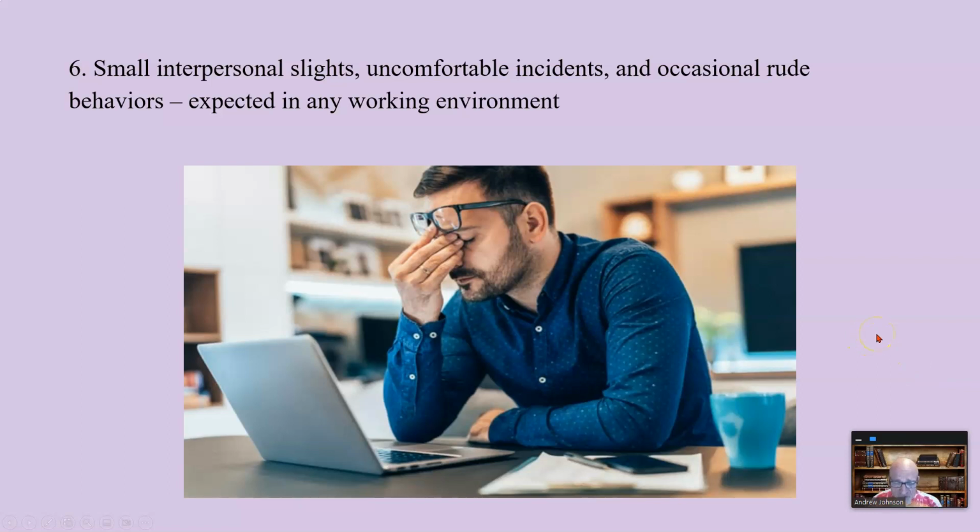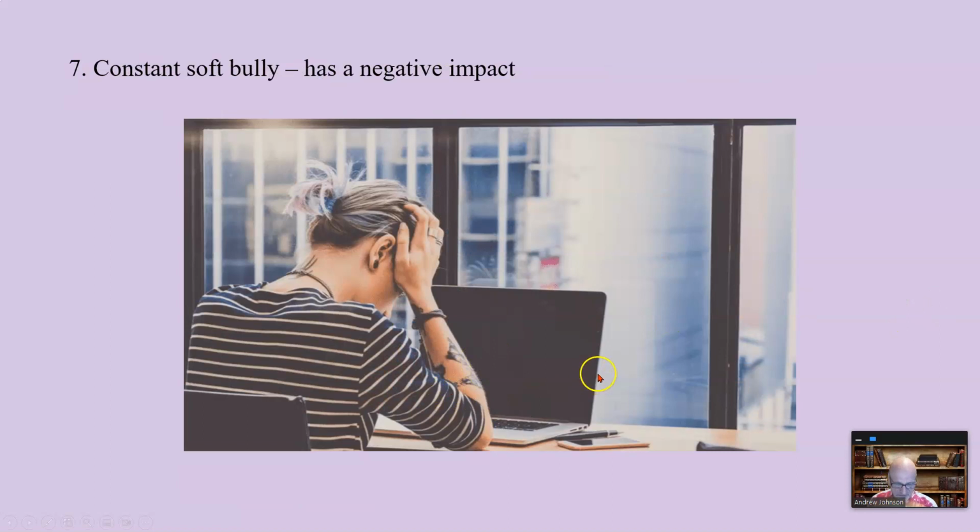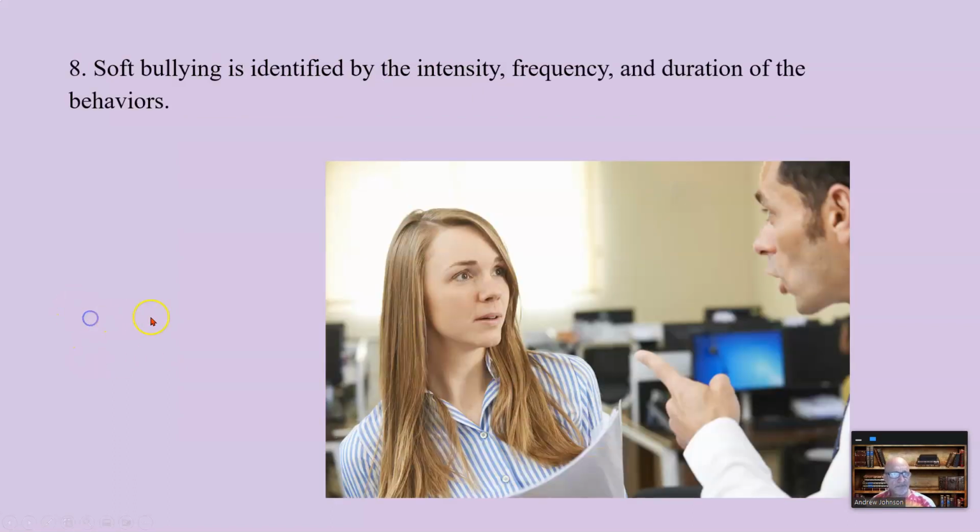However, small interpersonal slights, uncomfortable incidents, and occasional rude behaviors are expected parts of any working environment, especially university life. It's recognized that this occurs. However, constant soft bullying has an incredibly negative effect.